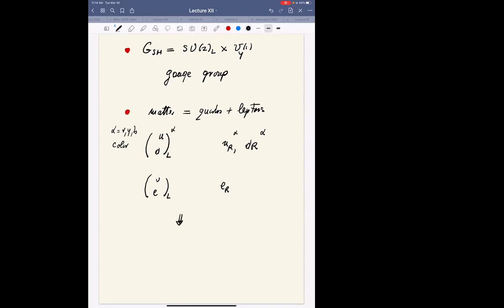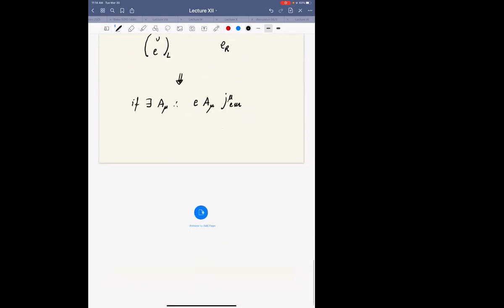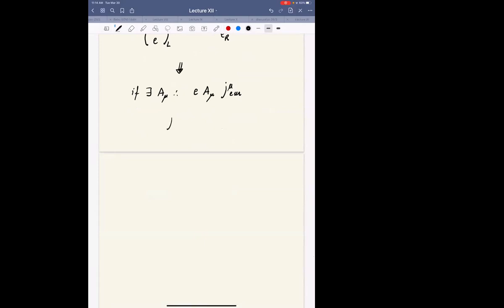Glashow says, if there is a photon so that it couples to the fermion current like this, let's write F for fermion.